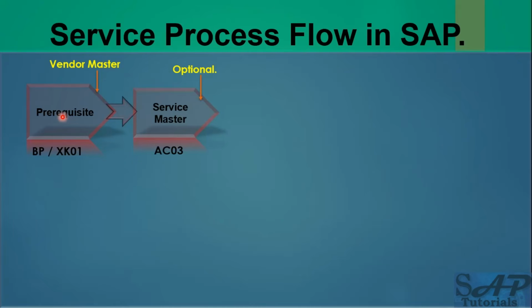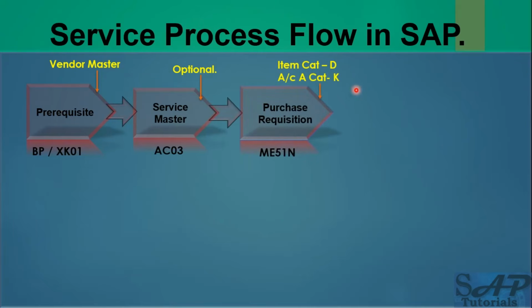Then we create the service master in SE03. Then the purchase requisition. This step is optional depending on your organization, whether they utilize the purchase requisition process or buy directly through PO, but I will show you through purchase requisition itself.